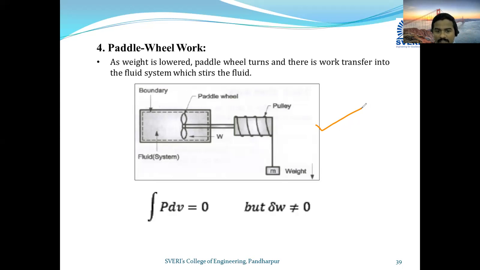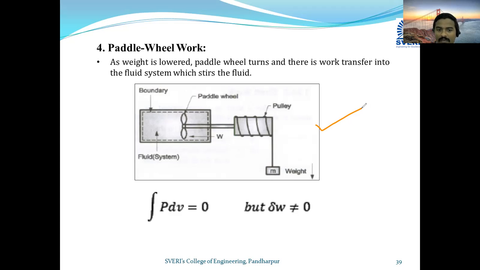Wheel will turn. Yes, this paddle wheel will start rotating. It will have the stirring action in the fluid. बरोबर आहे का? रोटेशनमुळे पूर्ण फ्लुइडची स्टरिंग ऍक्शन स्टार्ट होईल. ओके, मीन्स व्हाट कॅन वी से? Work is done on the system.